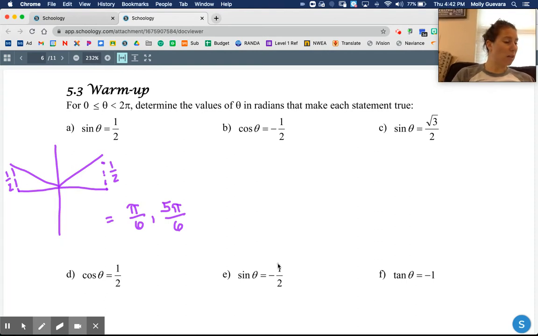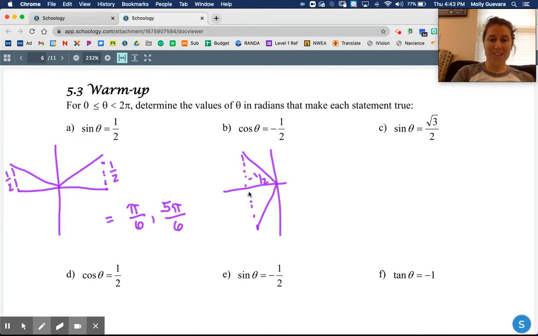What values do I get for when cosine of theta is negative? I guess I'll do one more for you. Cosine is negative here in quadrant 2 and quadrant 3. So my x value is 1/2, so this right here is negative 1/2, and this one is also negative 1/2.